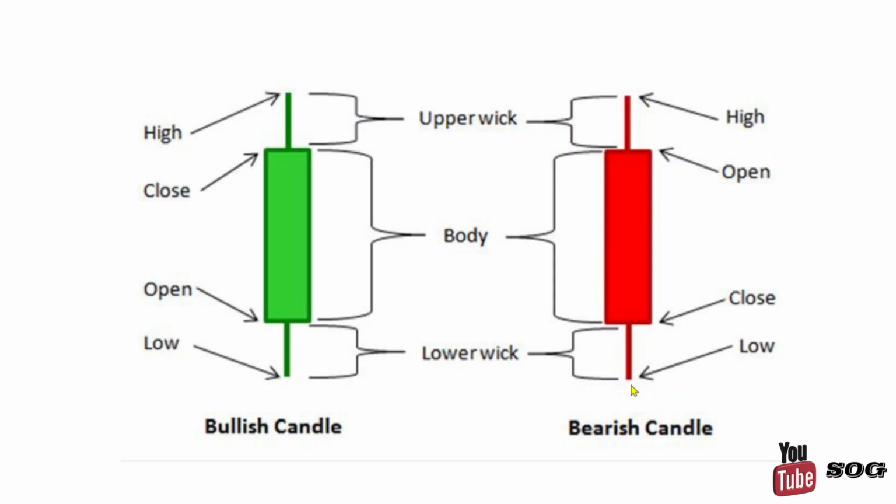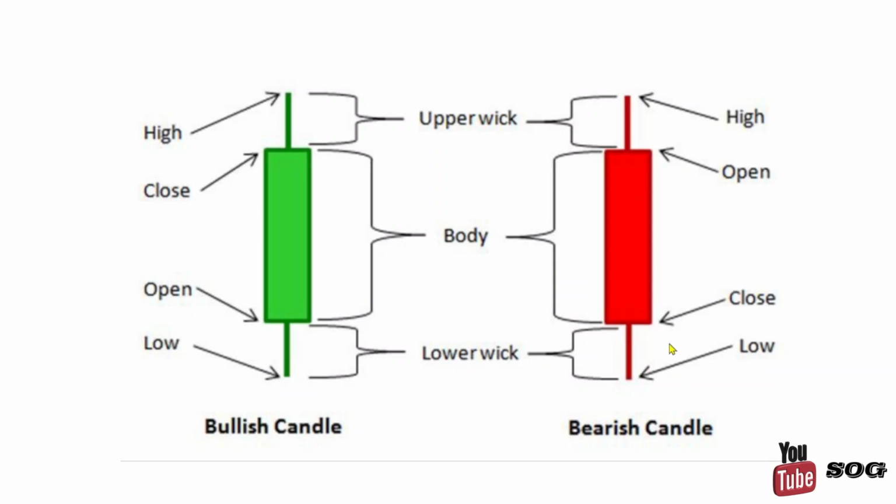It came down and closed at this point in that time frame. You get? So the range of the open and the close is called the body of the candle. Now this point that the market came to and did not close at in that time frame is called the wick or the shadow. You get?